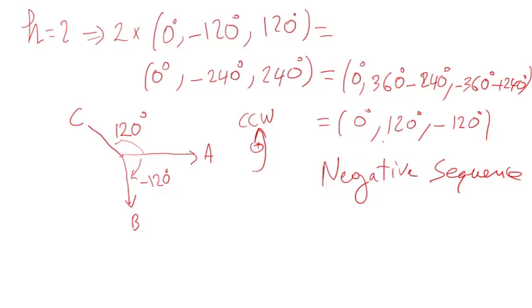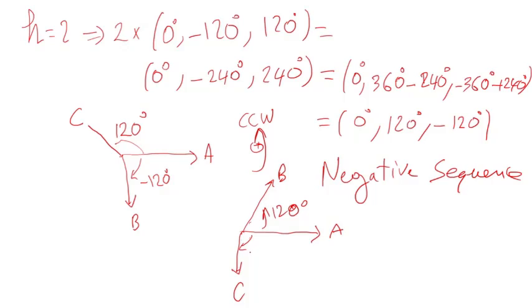Now if I draw this here, so I have A, I have B at 120 degrees. So here's B, and here's 120 degrees. And C is at minus, sorry, these are not at equal angles.